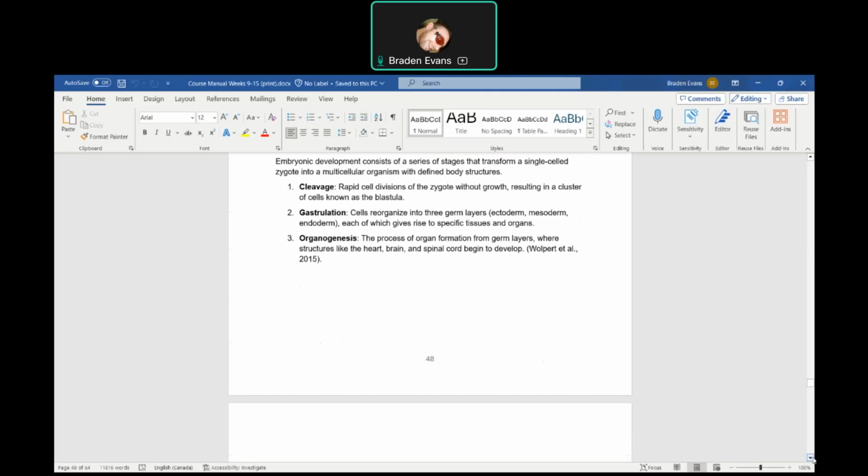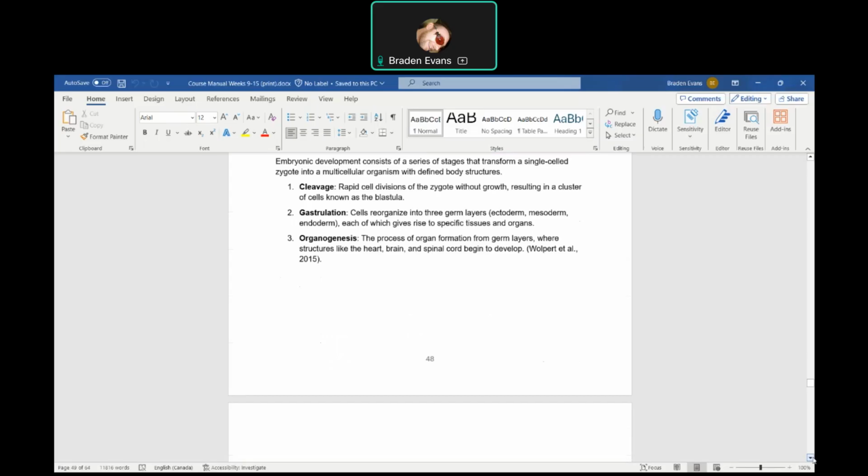Okay, so gastrulation is this reorganization and specialization of our cells into layers. From the blastula, you have gastrulation, and then ultimately organogenesis. You can picture that ultrasound with this little baby in someone's belly that looks kind of like a fish or an axolotl.